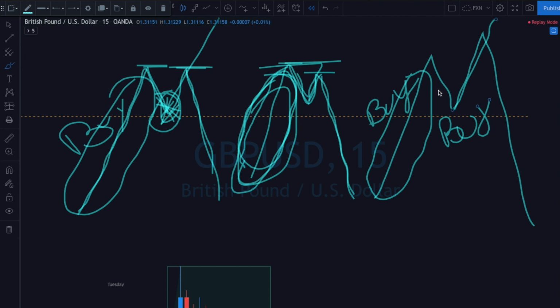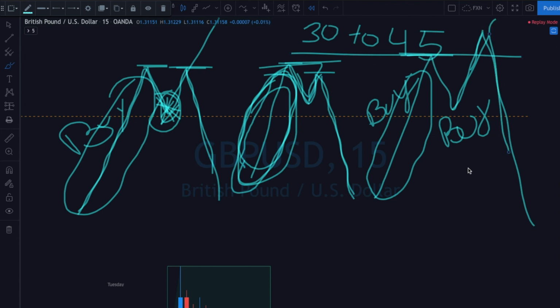Right? Now, very important aspect to this is that once this high here is penetrated and they go above it, there's a timer that starts. Okay, and we're talking about 30 to 45 minutes. So 30 to 45 minutes they have to come back down. Okay?